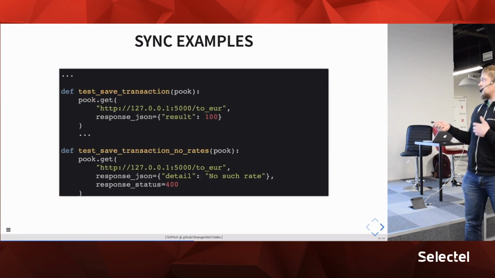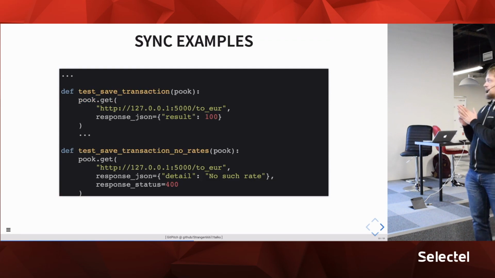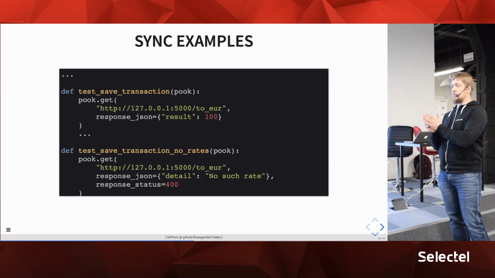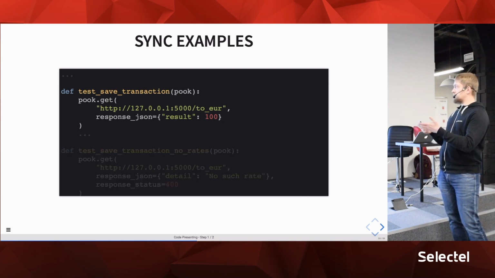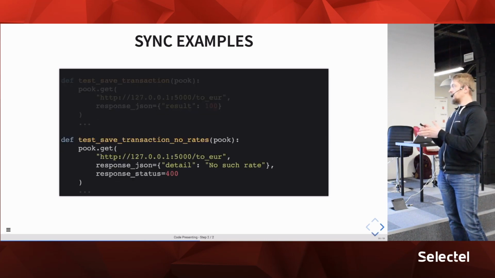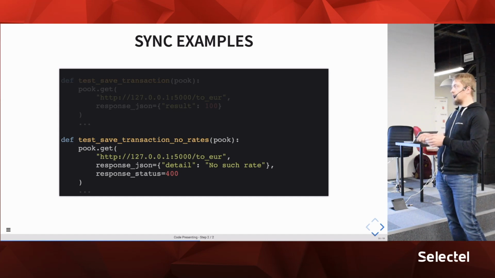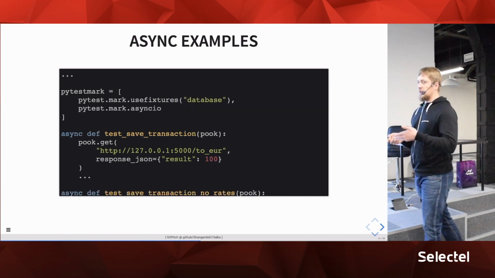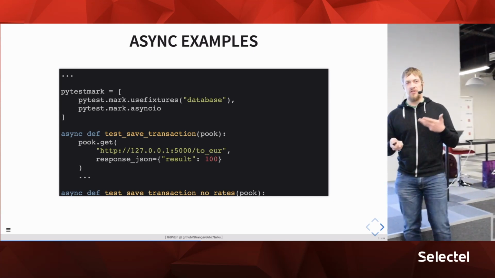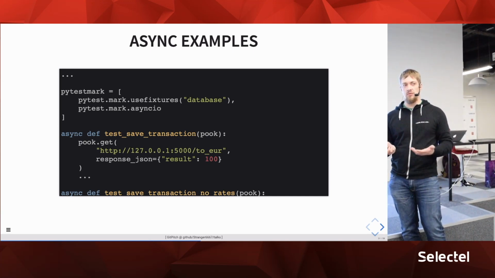So you could just add these response marks to this fixture. It's really similar to Responses. It has a little bit different syntax, but it works in a very similar way. And the cool thing is that it provides the same API for synchronous code and for asynchronous as well.